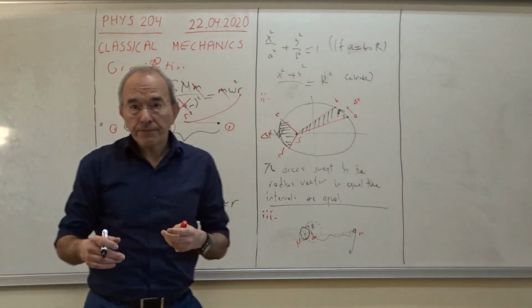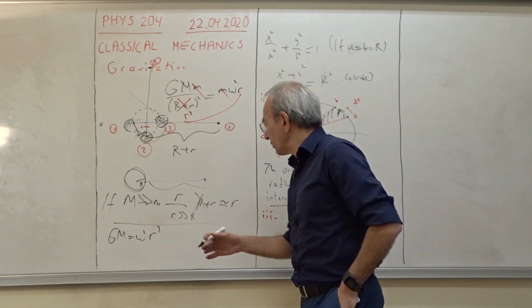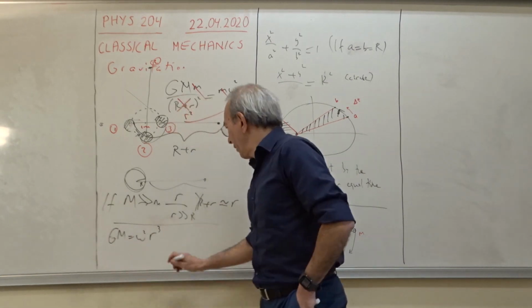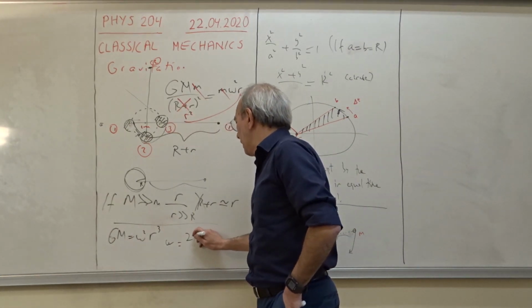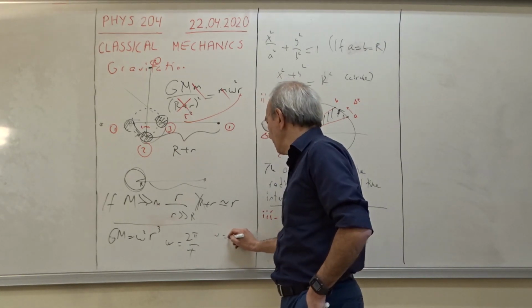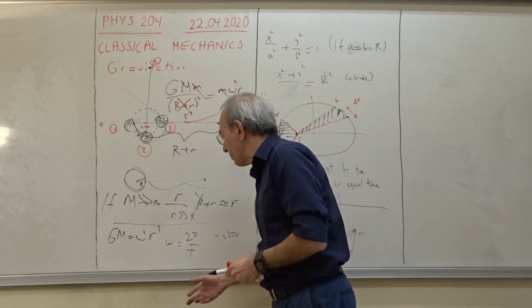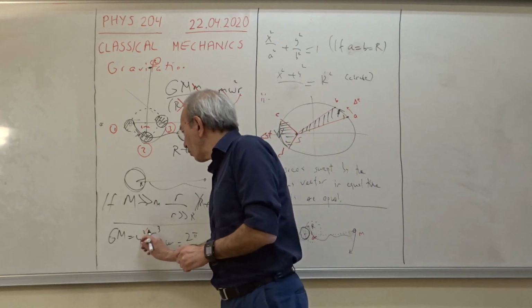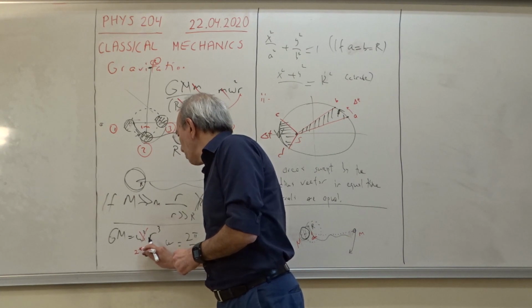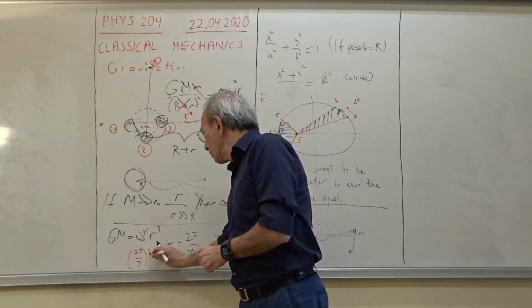But we also can write this expression in terms of the periods. And how do we get period into play? We know that omega is equal to 2 pi over T, because omega is, remember, 2 pi nu, and nu is 1 over T, so omega is 2 pi over T. So instead of this omega squared, we can write 2 pi over the period of this planet, squared.